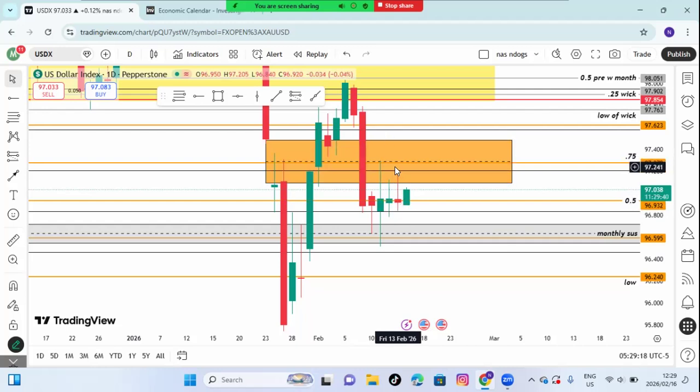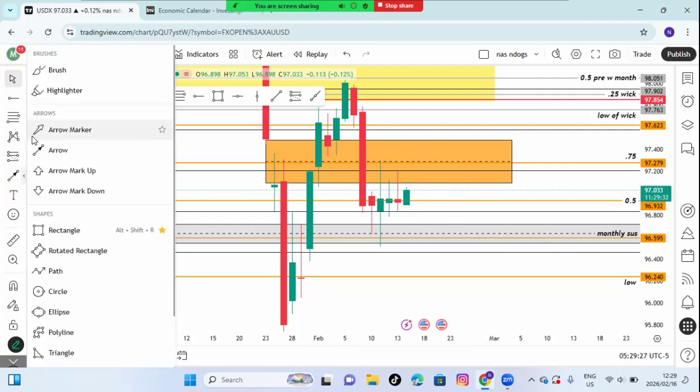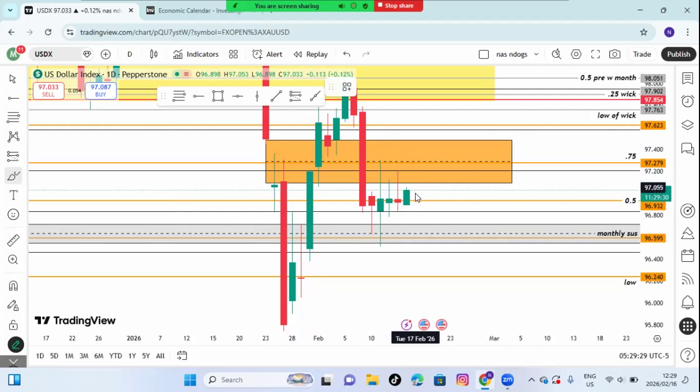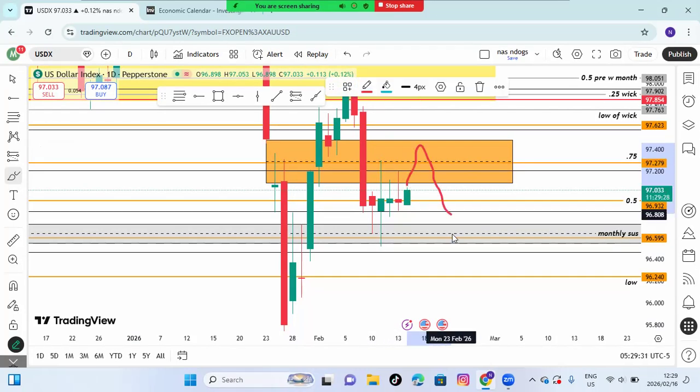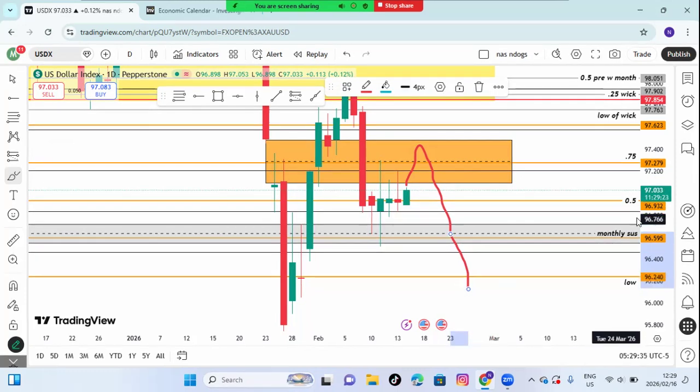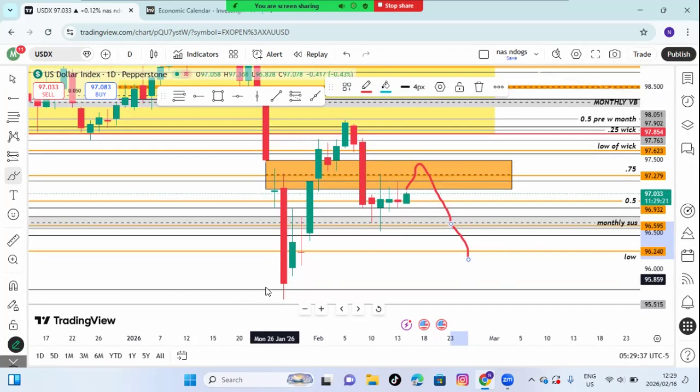So we have a high here. Do we wake above this high and this high and drop and continue to drop? Do we do this? Sell side here, minus sell side there.